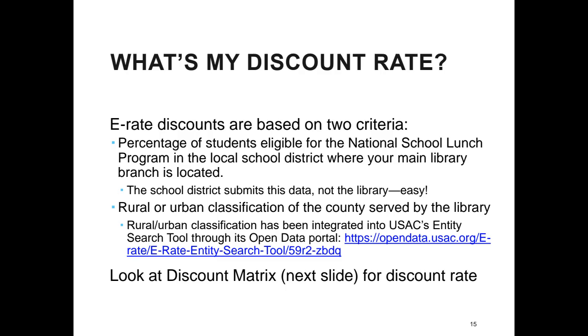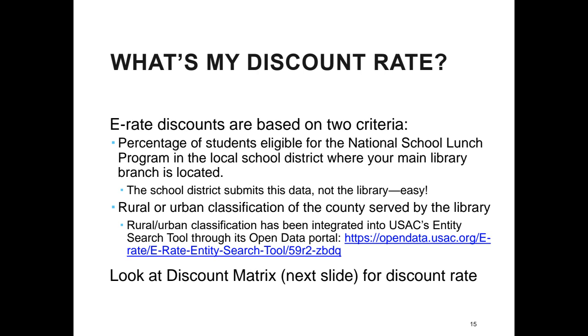The discount rate changes from year to year, and it's determined through a matrix that uses the percentage of students in the local school district who qualify for free or reduced lunch, and whether your library system is overall considered rural or urban. The percentage of students eligible for what we call NSLP is handled by the local school district.